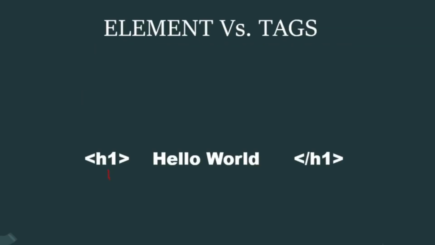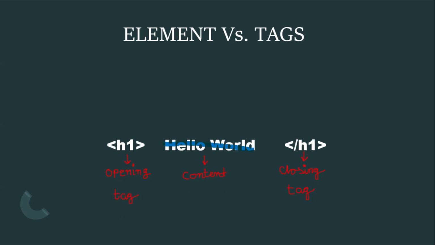The first part is called the opening tag and the last part is called the closing tag. In the middle, what we include is the content, which will be showcased on our website once we run it. In this example, the part Hello World is our content, which we can see on our website after we run it in a browser.